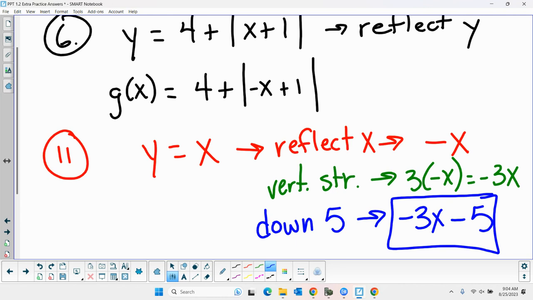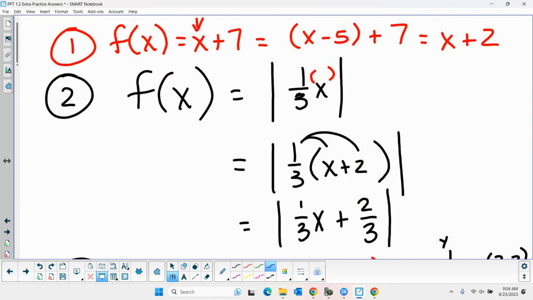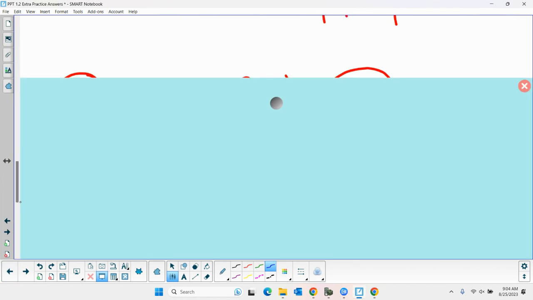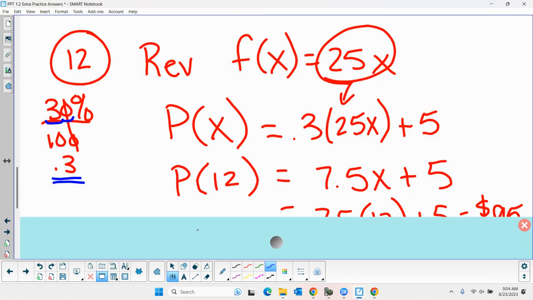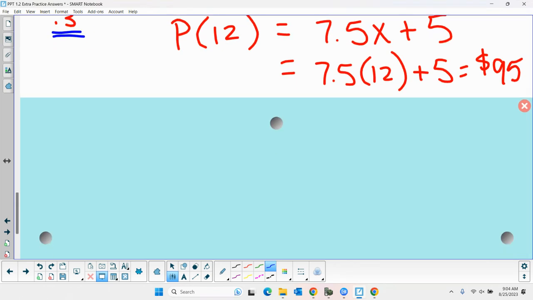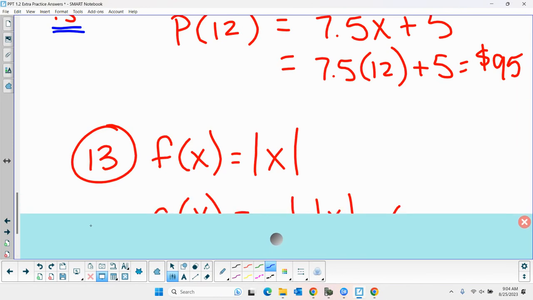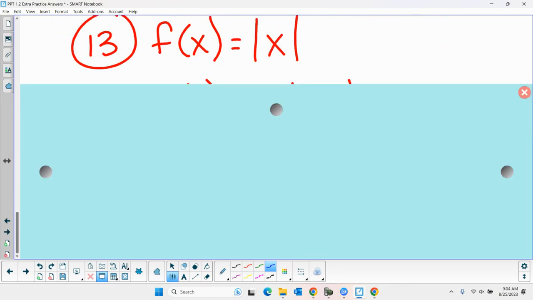And then the last one I wanted you to do was 13. 12, we decided not to worry about 12. All right. So 13, there's the parent function.